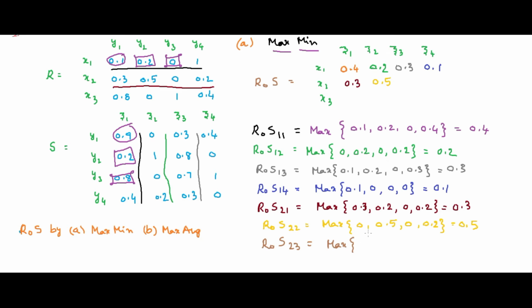So it is 0.3 and 0.3 is 0.3, 0.5 and 0.8 is 0.5, 0 and 0.7 is 0, and 0.2 and 0.3 is 0.2, which is equal to maximum out of these things, 0.5.